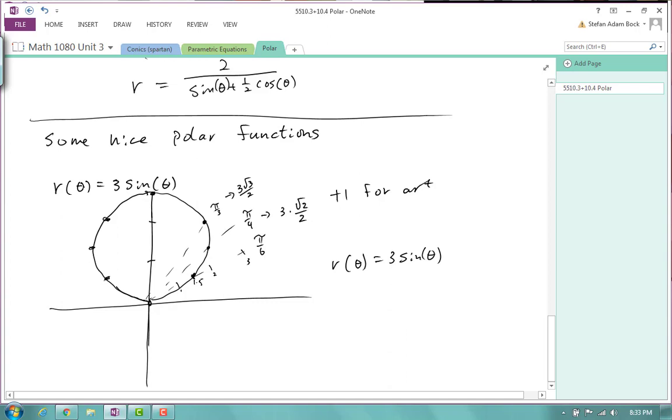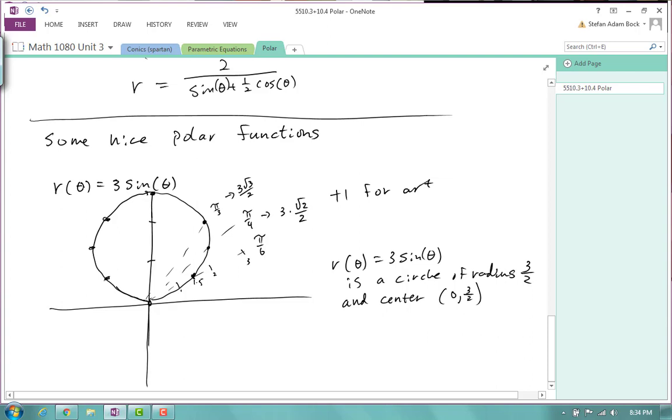We can actually demonstrate this for sure without my horrible artwork. But this is a circle of radius 3 over 2 and center 0, 3 over 2.